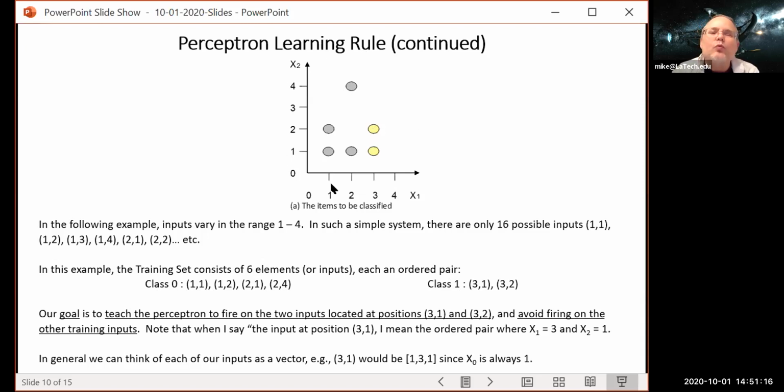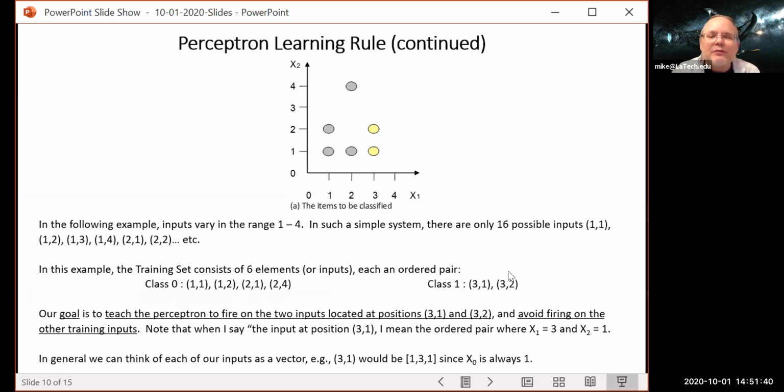So this is our training data, and we want the perceptron, when it's presented with any of these guys that are shown in gray, to not fire. And if it's presented with these inputs that are shown in yellow, we want it to fire. So this is the training set shown visually.